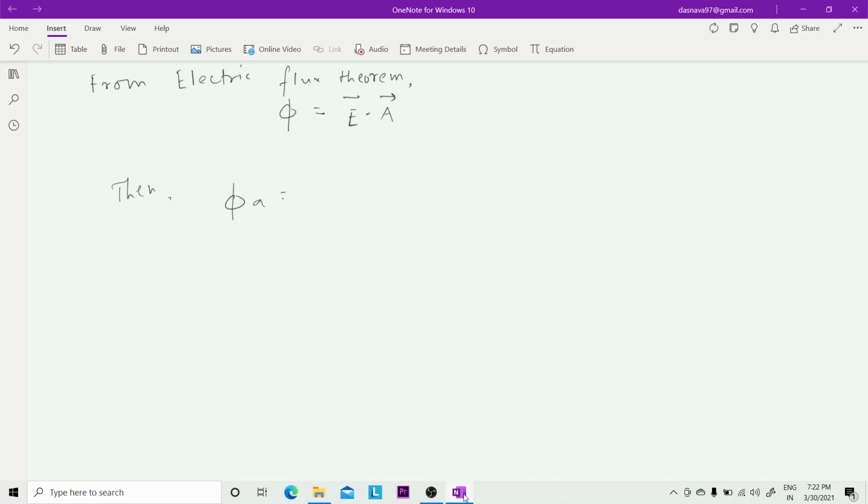phi of A equals magnitude E dot A of suffix A equals, अभी E क्वेश्चन पे क्या दिया गया था? 3/5 E0 i cap plus 4/5 E0 j cap.